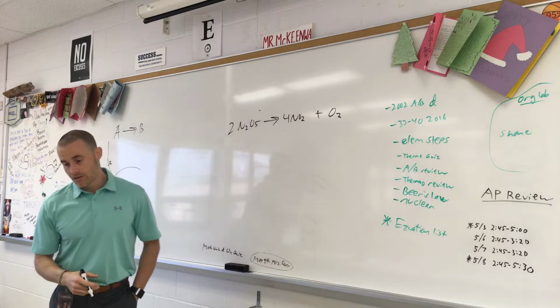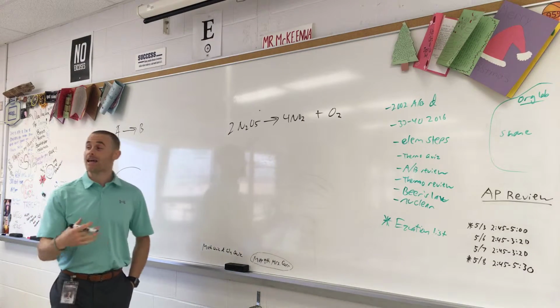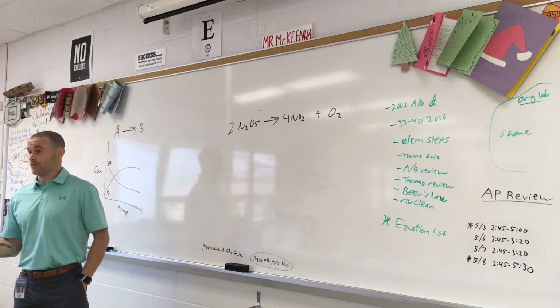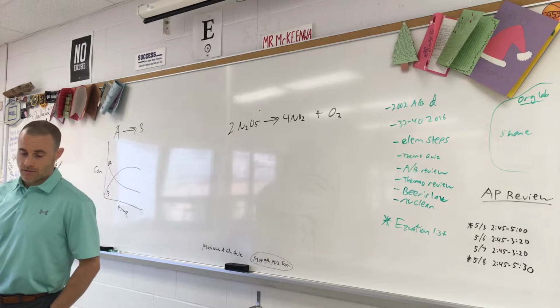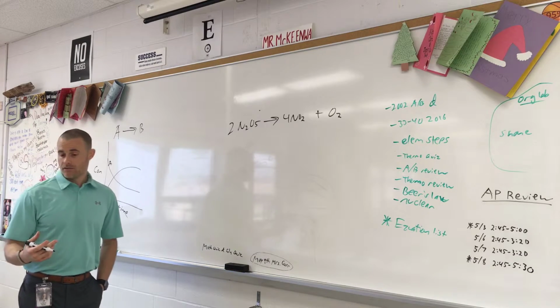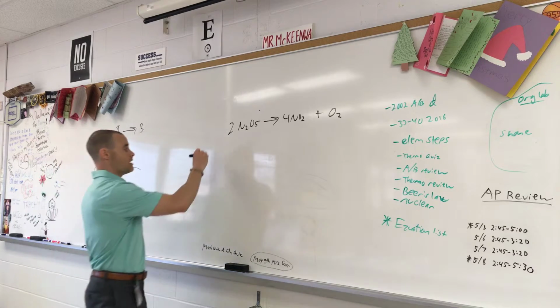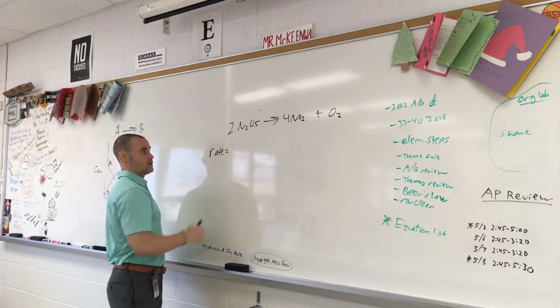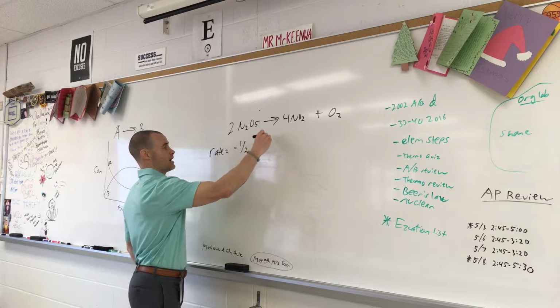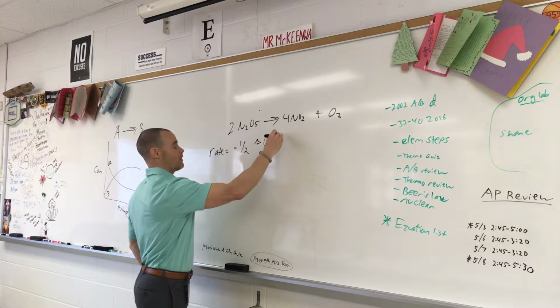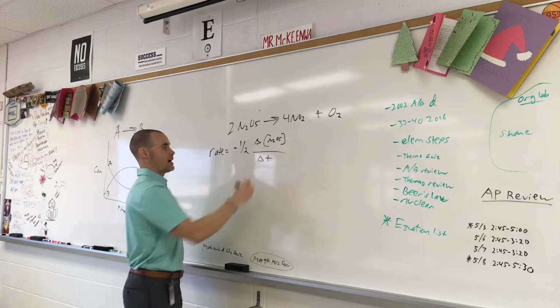So if they give you this reaction, they want the rate expression. This is good, because I haven't reviewed this in a long time. Not the rate law, the rate expression. So rate would be equal to -1/2 the change in concentration of N2O5 over the change in time.